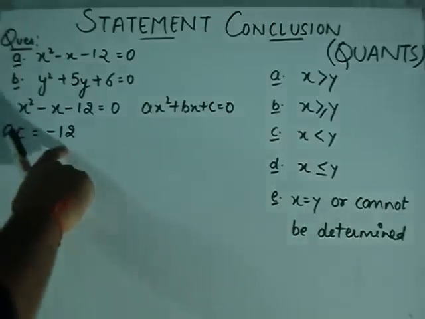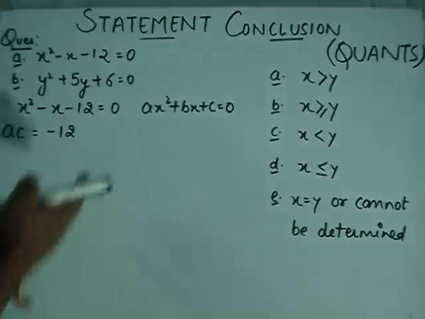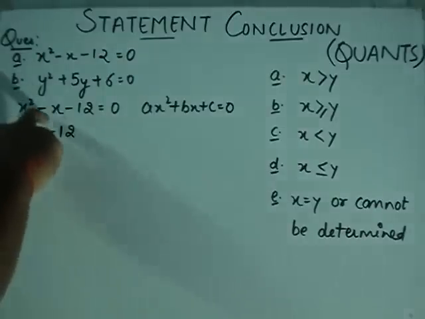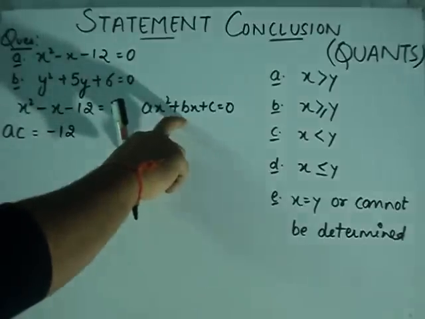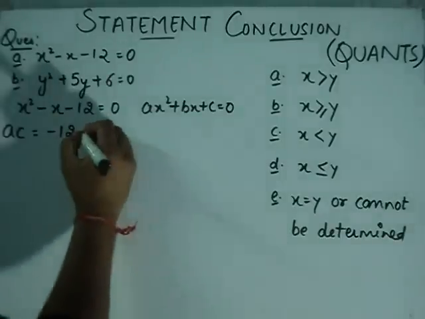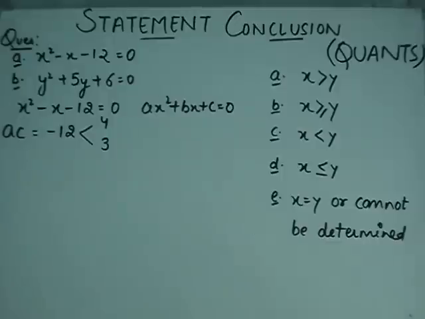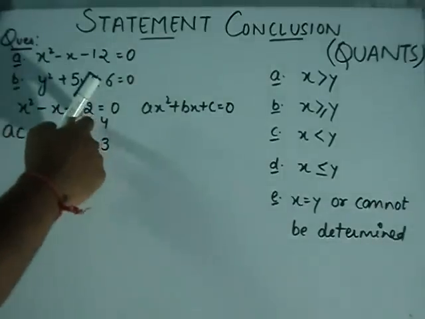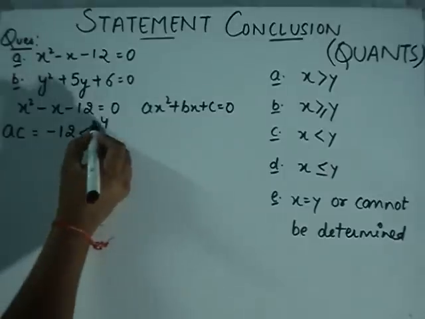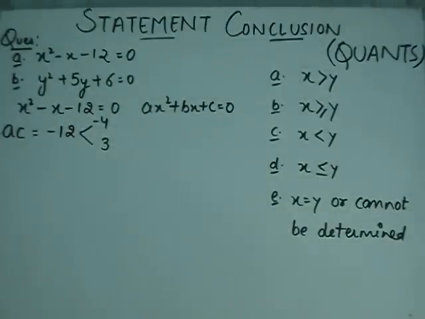So I am going to break this minus 12 such that after addition the splitting terms give the value of b, which is minus 1. After splitting I get 4 and 3. Since we have a minus sign, one value is this and the other is this, and after addition we get minus 1.